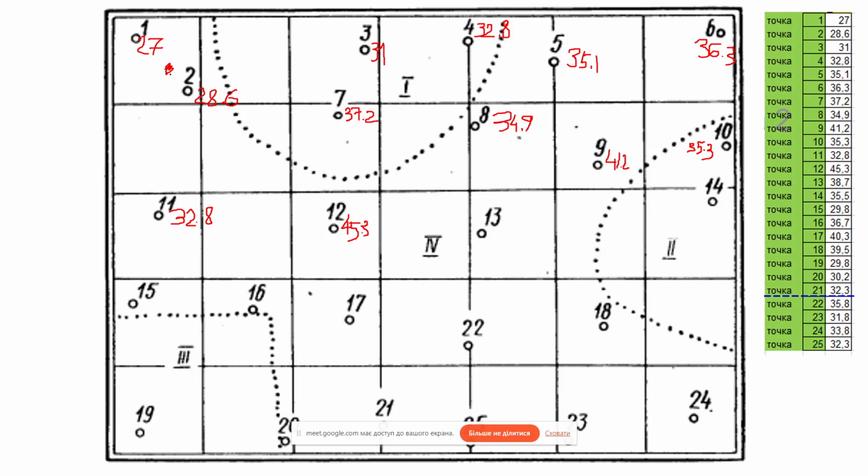And then this mark will be closer to 28.6 than to 27. We have a 1.6 meter difference, and so it will be the position of our future contour line.